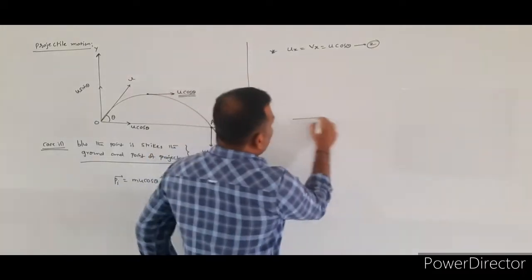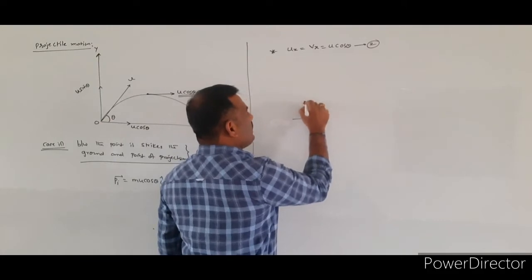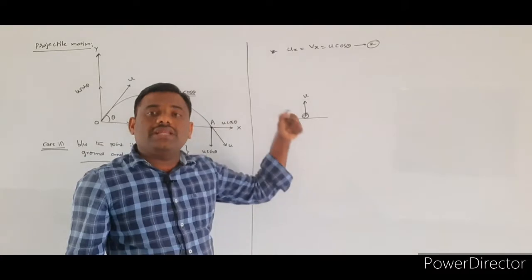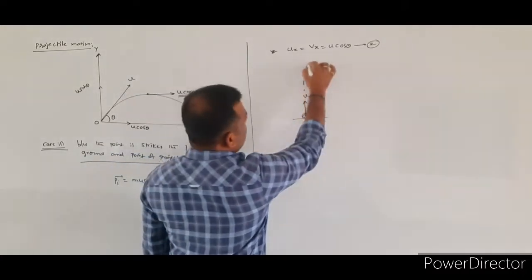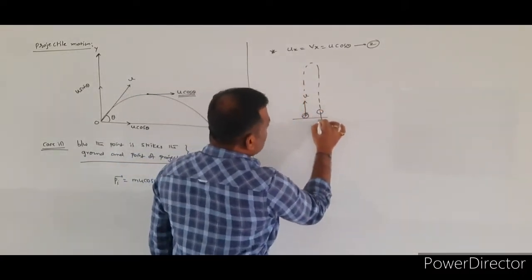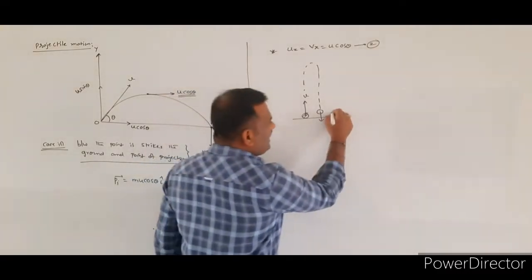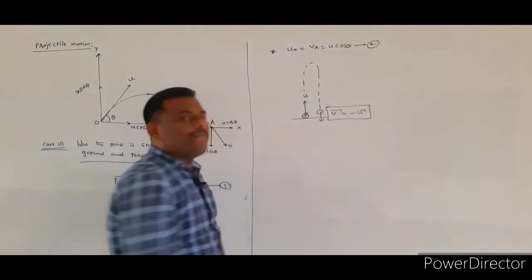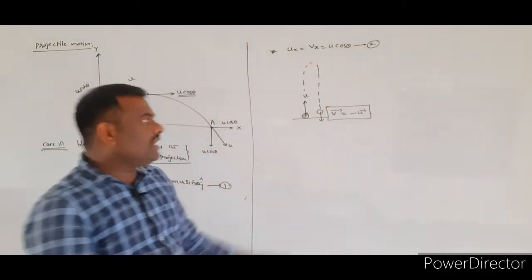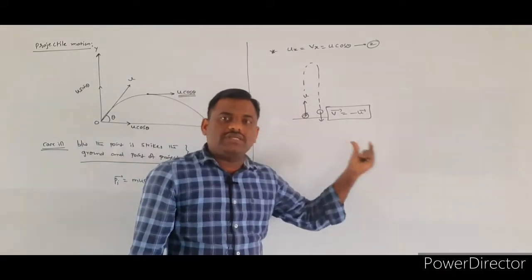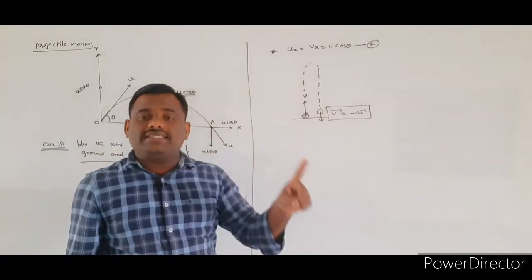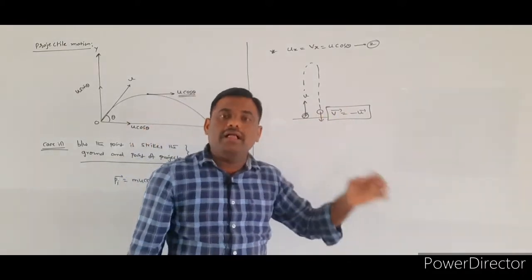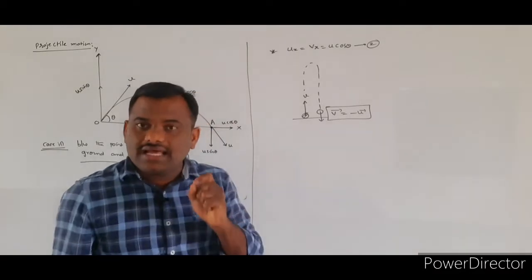So if any body is projected vertically upwards with some initial velocity u, while it is reaching onto the ground, its final velocity will be represented by v bar is equal to minus u bar. What it denotes means the magnitude of the velocity while it is reaching the point of projection will remain the same, but its direction is reversed.